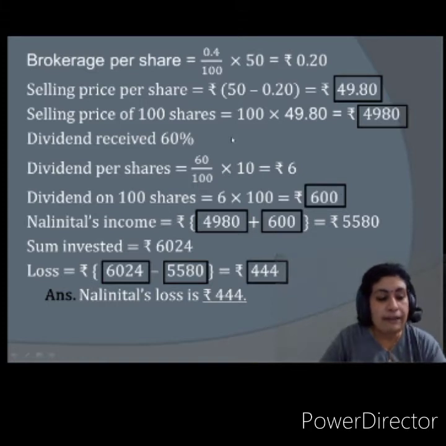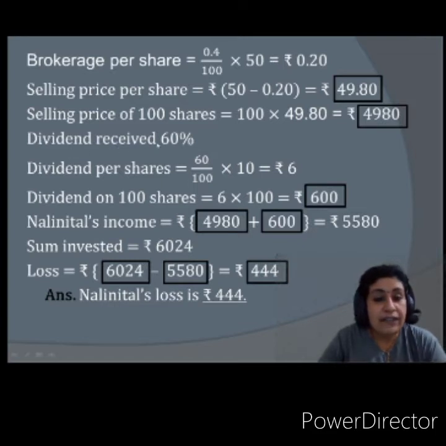Always remember, dividend, that is the profit the company gains, is calculated on face value, and the brokerage is always counted on market value. Remember this.